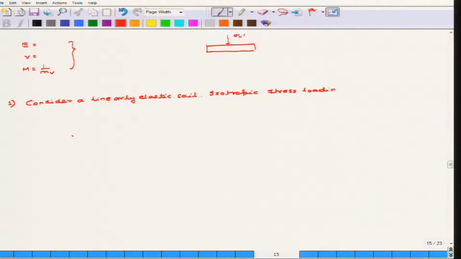Now, right now you know that isotropic stress loading is the same stress loading that is applied during the process of consolidation. That means in all directions the confinement is the same, or the pressure applied is the same. So, in this case isotropic stress loading is subjected to the sample.